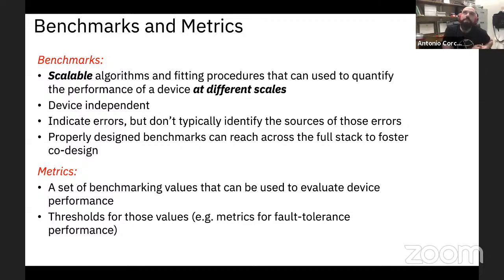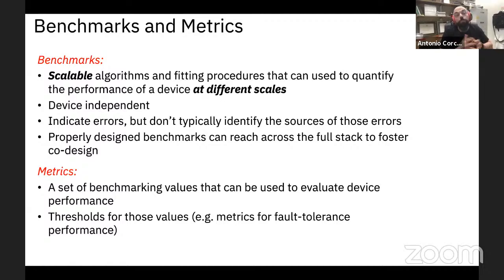We can imagine benchmarks to comprise a set of protocols or circuits or sequences of gates that we perform in quantum hardware, along with analysis tools to process the outputs of those protocols, and then some interpretation of the final result.